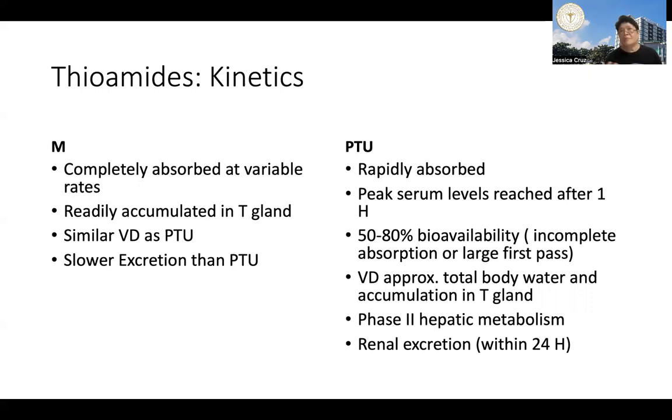PTU is cleared quickly. It's rapidly conjugated in the liver, so phase 2 metabolism, and this conjugates within 24 hours. With methimazole, it takes about 48 hours before you see metabolites in the urine.